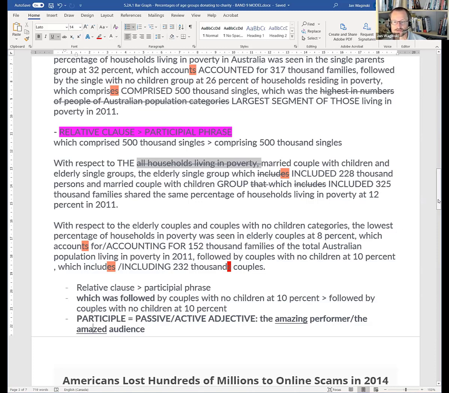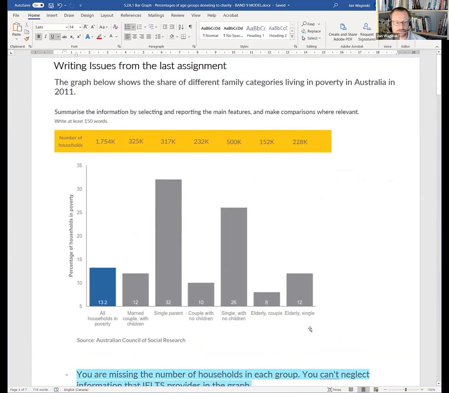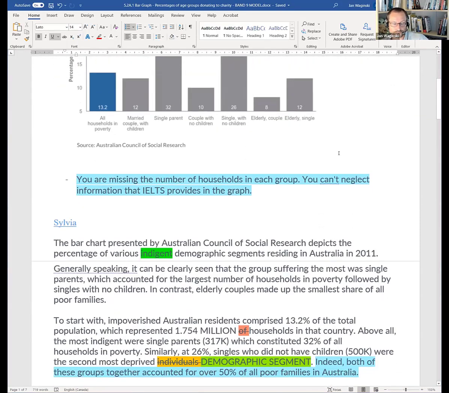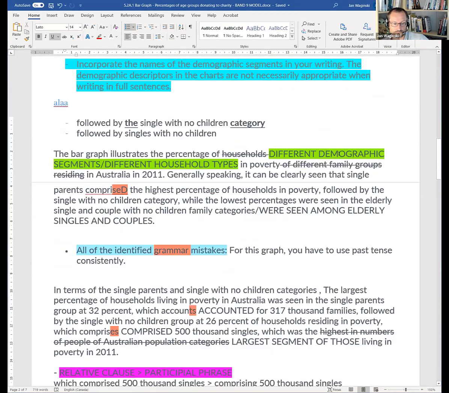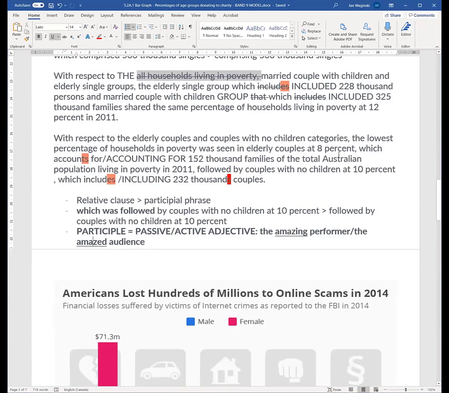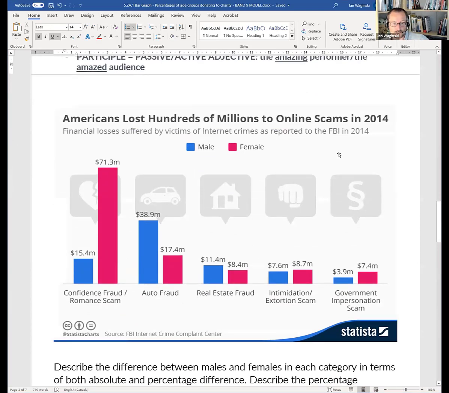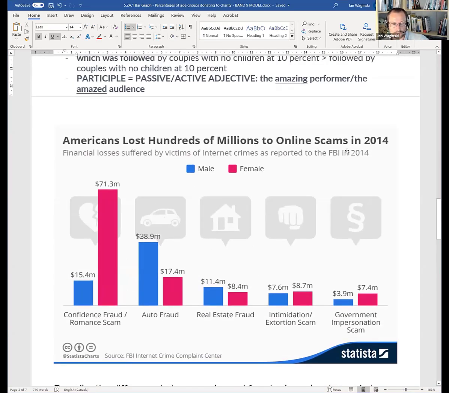Okay, any other questions about this particular graph before we move on? Okay, let's continue. So before we get to today's, I just want to have a quick look at this graph from Statista and just talk about some of the mathematics here. Okay, so we're not going to do this one. I just want to talk about the math.